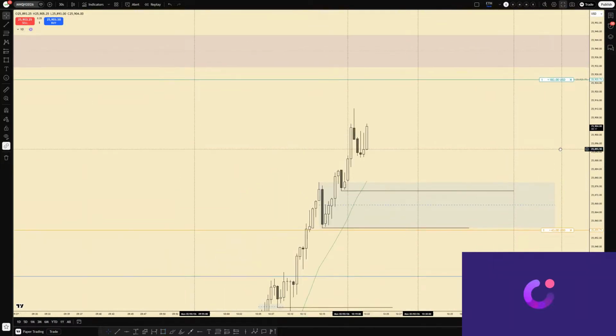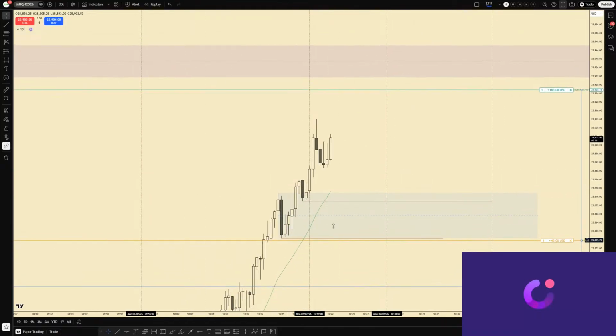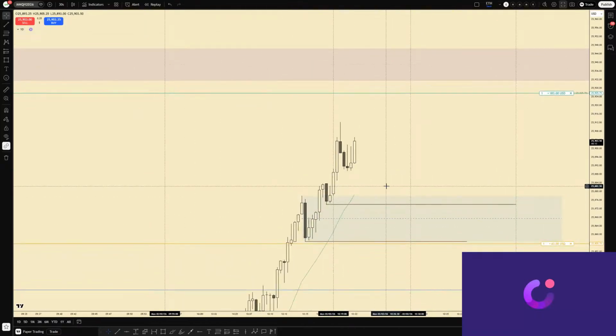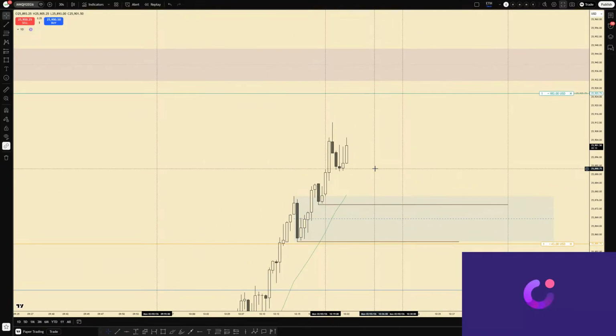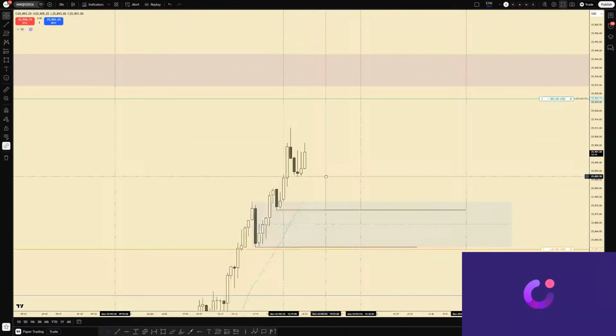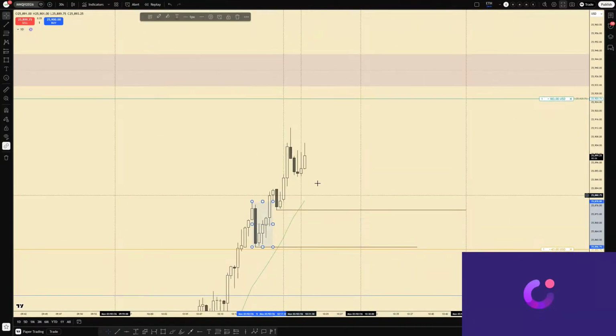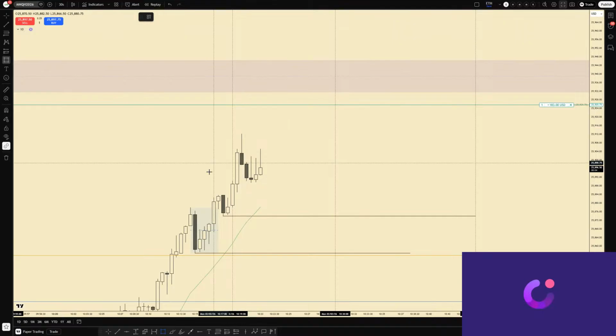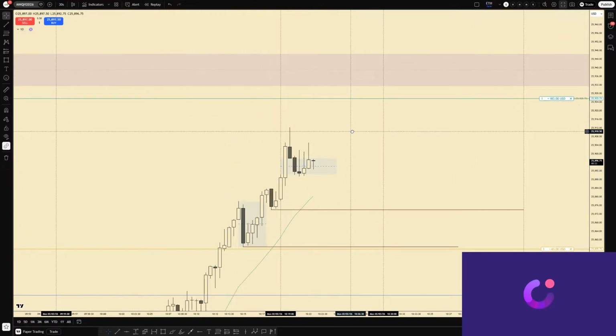Okay, and it's not just that zone. There are actually more support levels in the lower time frames. If the momentum is really strong, and if price wants to keep it going with high momentum and strength, then this is our support level.